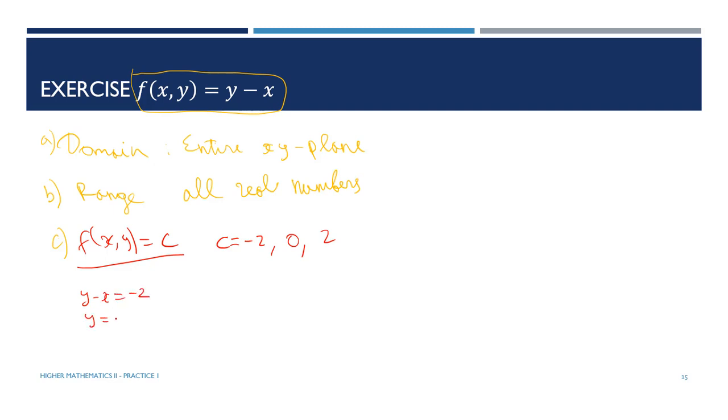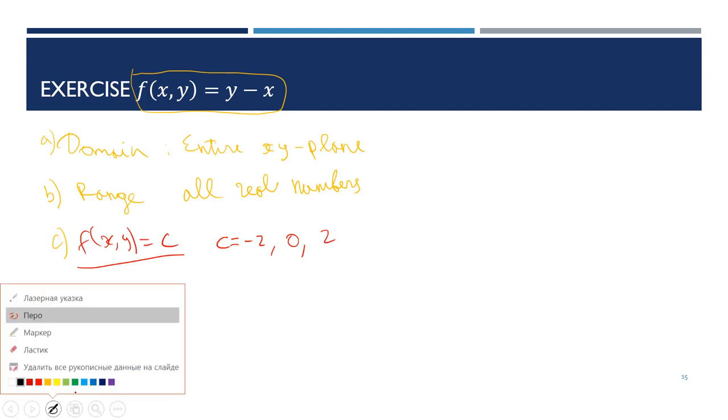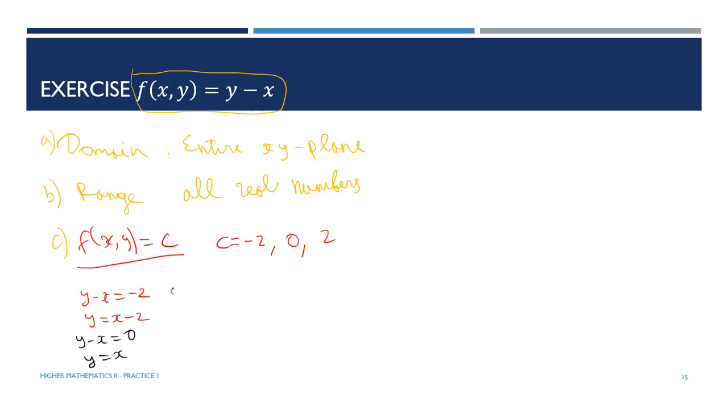The first one, y minus x equals -2, so y equals x minus 2. Next one, y minus x equals 0, so y equals x. And y minus x equals 2, so y equals x plus 2.